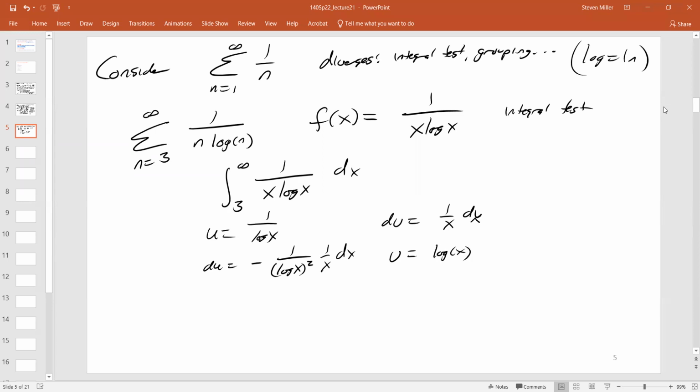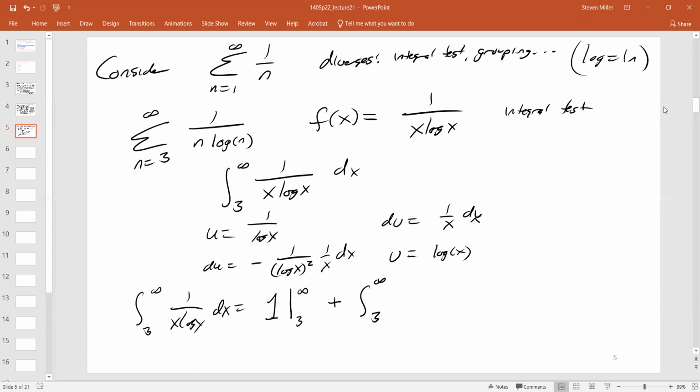And so we would get that the integral from 3 to infinity of 1 over x log x dx would be uv. What's uv? 1. So we would get 1 evaluated at 3 and infinity. And then we would have a minus v du, which just becomes a plus integral from 3 to infinity.